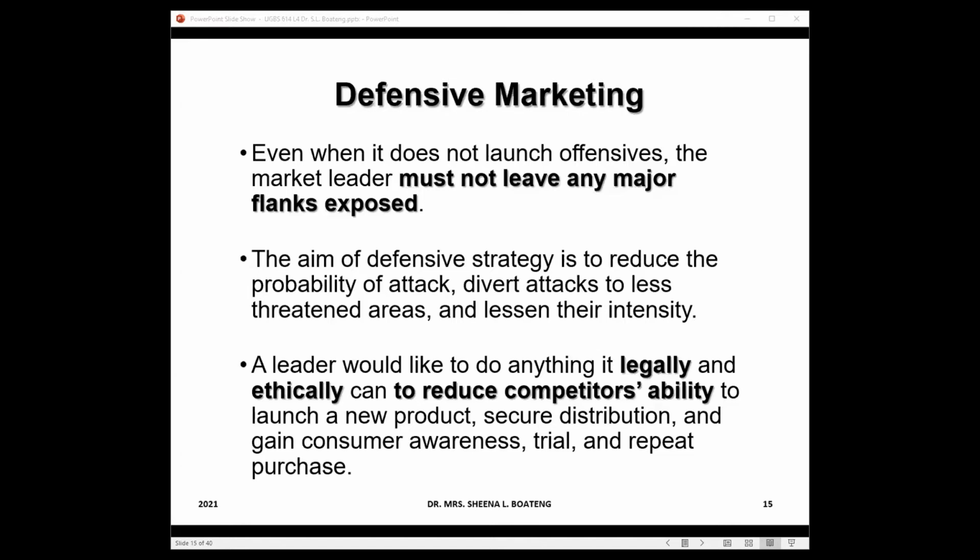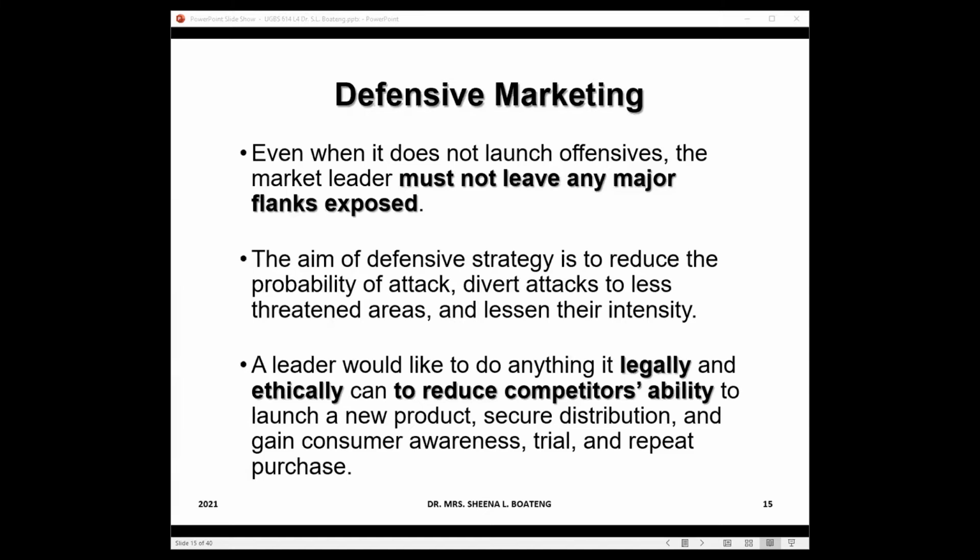So the idea is to make sure that your competitors do not direct their attack at those brands that are not performing so well. You always want to make sure that their focus is on the stronger brands, which they do not stand a chance against, so that they will not come after your weaker brands that are more prone to fall should the competition launch a massive attack against them.